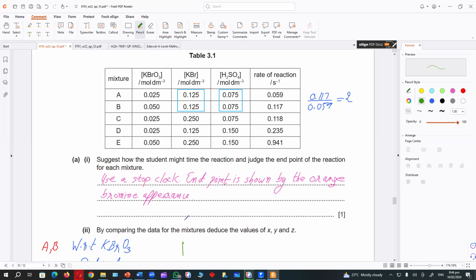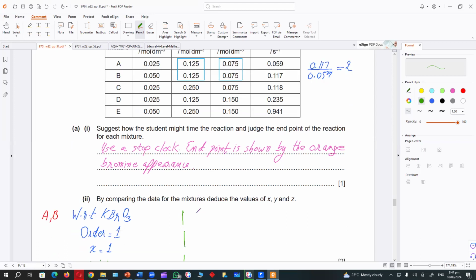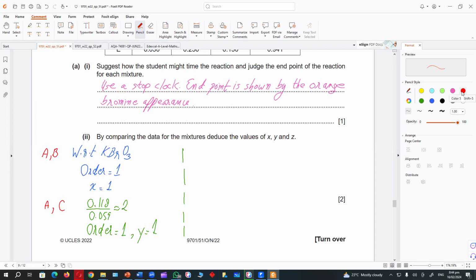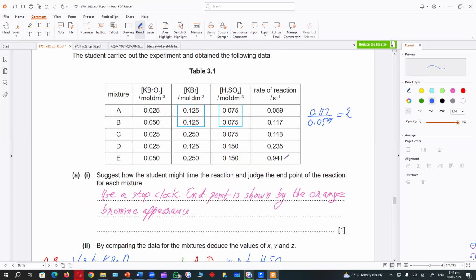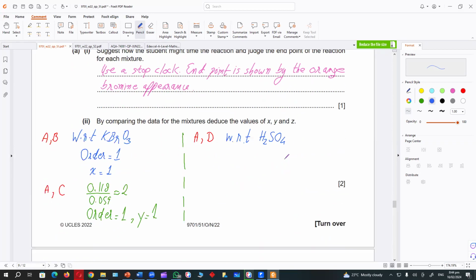Point 0.025, 0.125, then it is 0.059 to 0.235, A and D. So 0.235, how much is 0.235 upon 0.059?